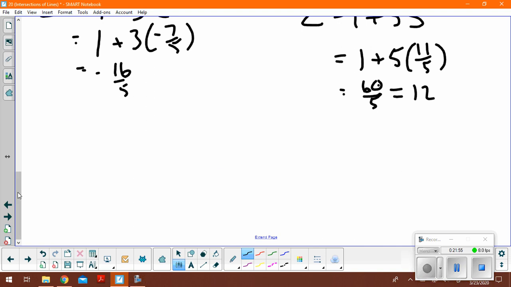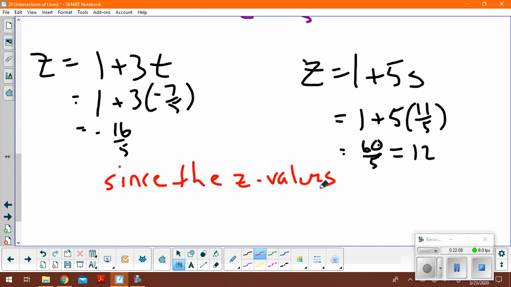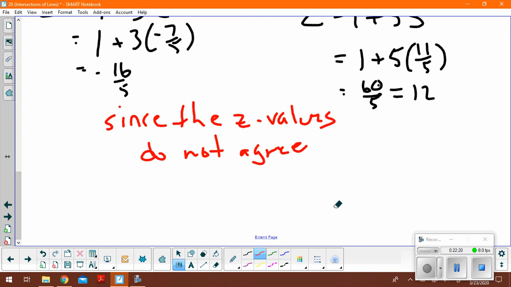So I plugged in s and t into the respective parameters for z, and I did not get the same thing. So since the z values don't agree, there is no solution.